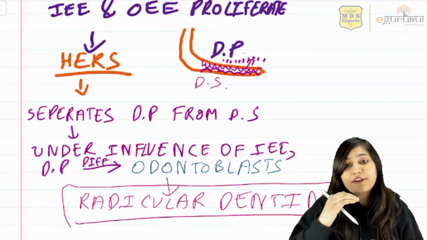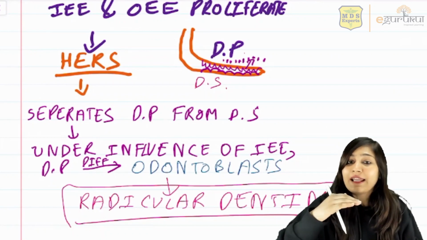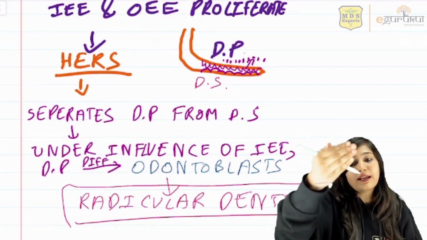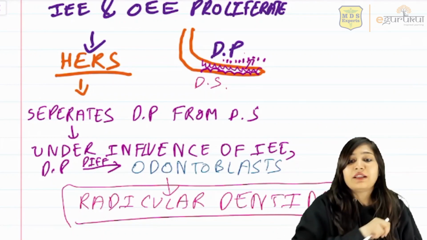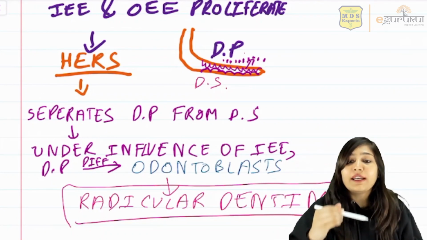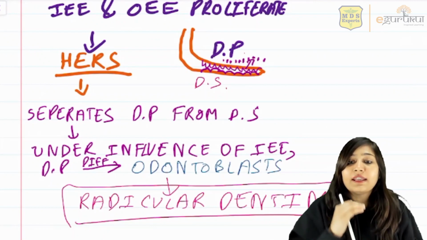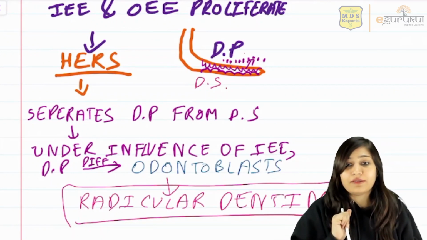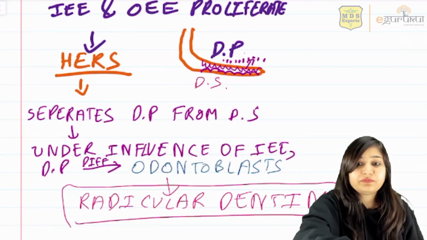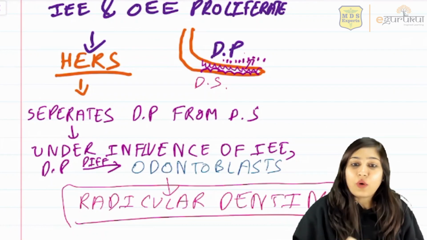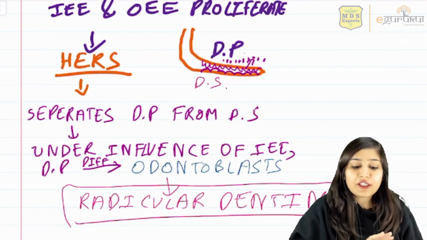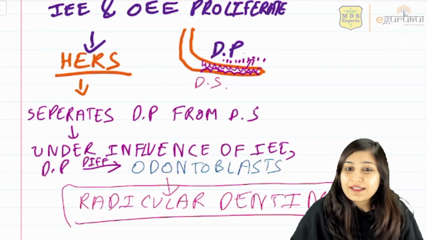So when the first layer of dentin is formed, then it again influences the amyloblast cells to form enamel. So here we have reciprocal induction. Both are influencing each other's formation. Okay. So crown dentin, we have completed formation, and root. In the root, mainly HERS is involved in its formation.